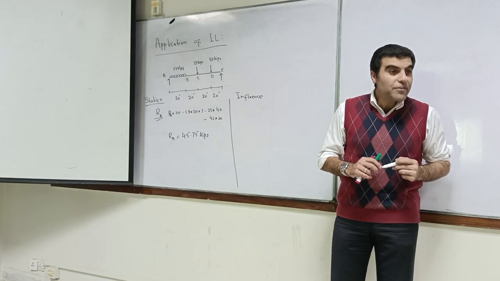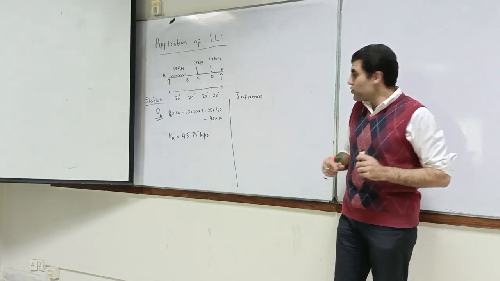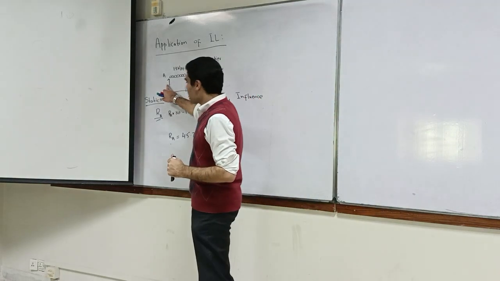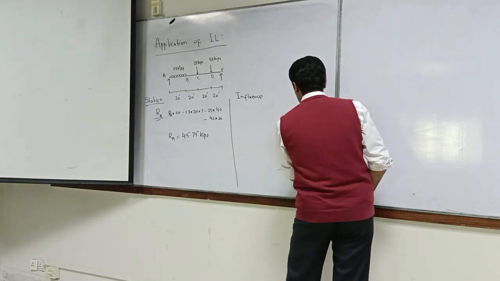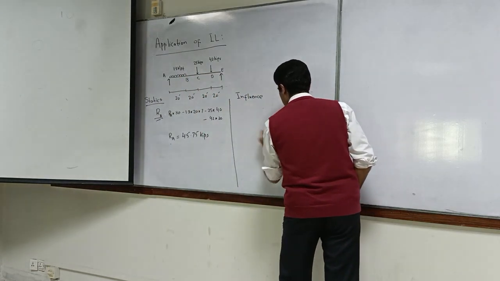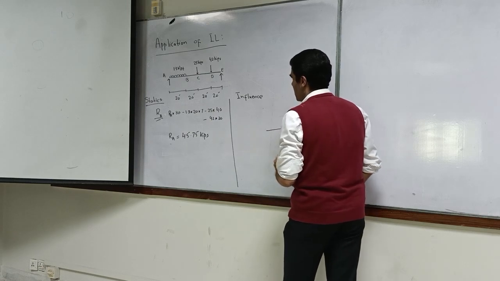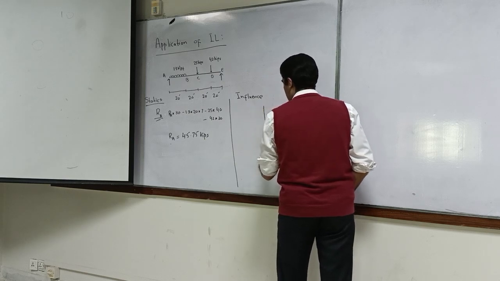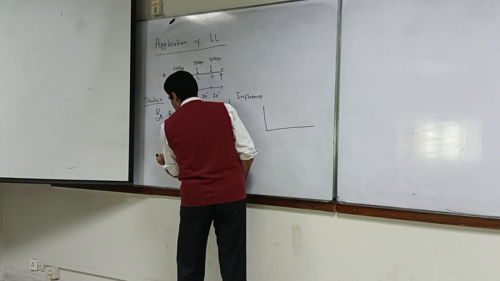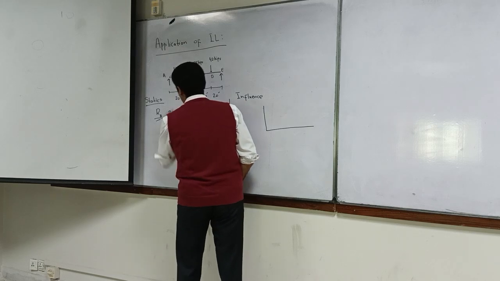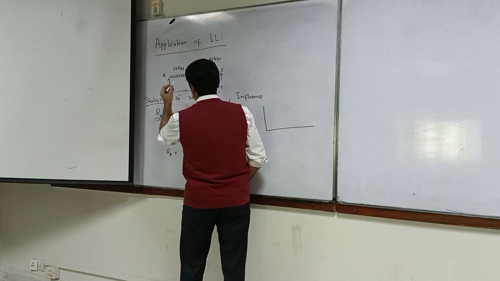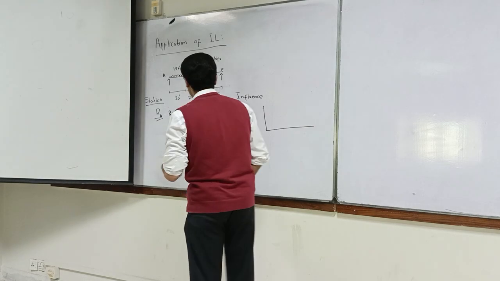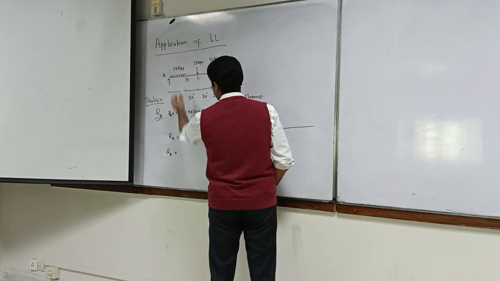Now let us use influence line to find out the same reaction. So what is the influence line for the reaction? What is RB? I mean, just subtract this. 47.25.